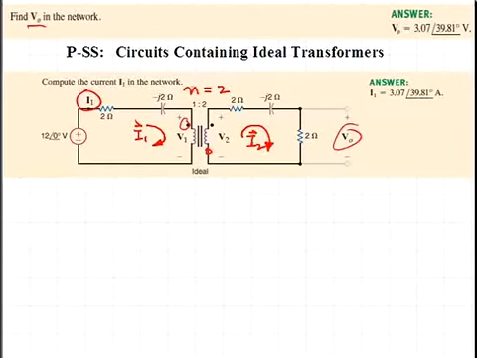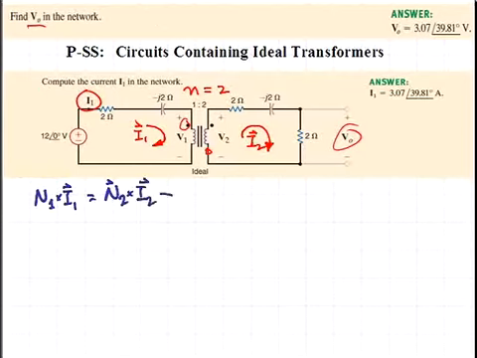For the current directions indicated, we'll have this principle that the turns ratio on the V1 side of the transformer times the current I1 is equal to the turns ratio on the V2 side or secondary side of the transformer times the current I2.